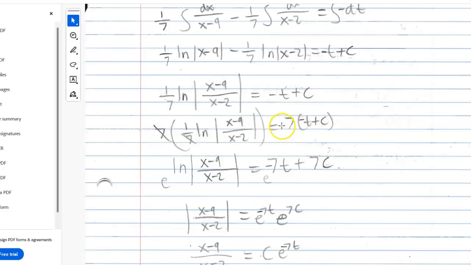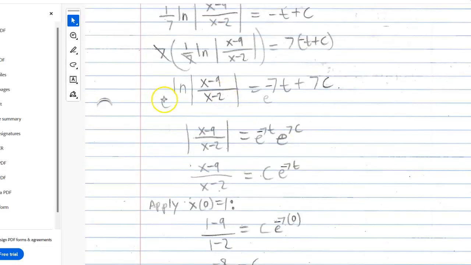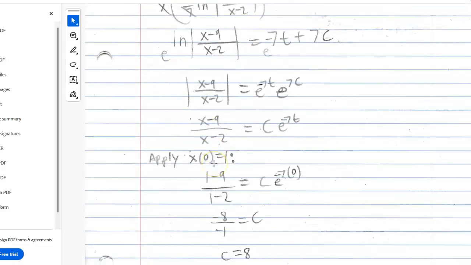Then we multiply both sides by 7, giving us ln of x minus 9 over x minus 2 equal to 7t plus 7c. Then we continue simplifying further, and we get x minus 9 over x minus 2 equal to c e to the 7t.